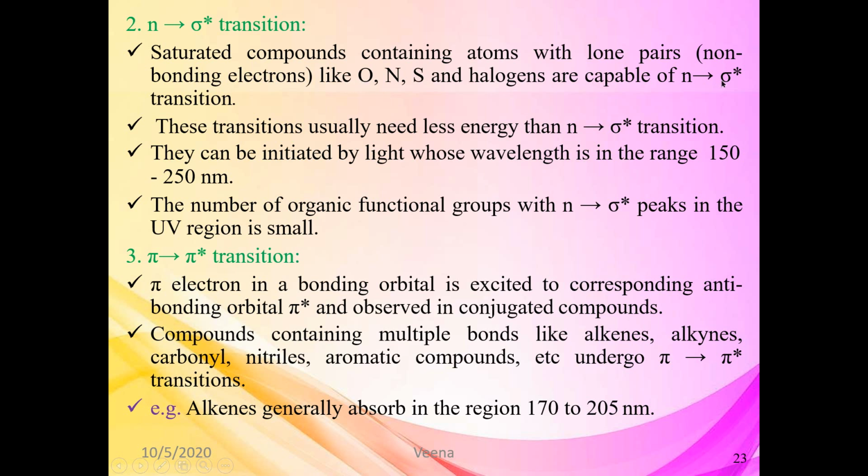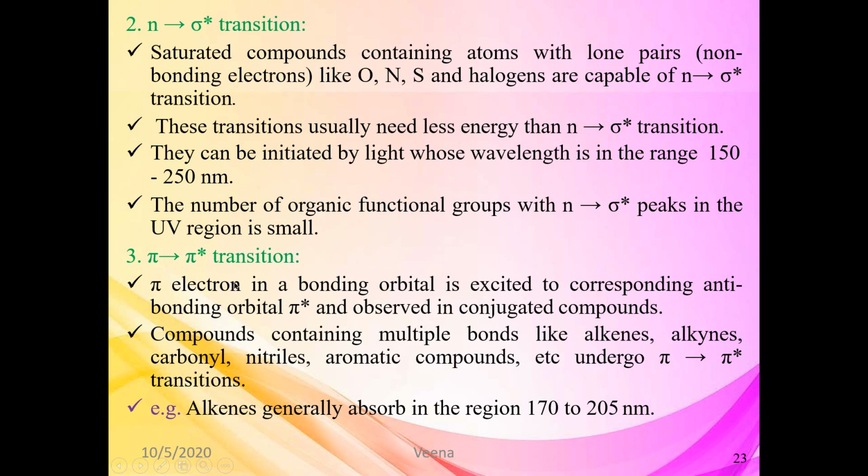Along with that, if there are sigma bonds, and this transition usually needs less energy than the sigma to sigma star electronic transition, and the wavelength range which will bring about this transition is from 150 to 250 nanometers.